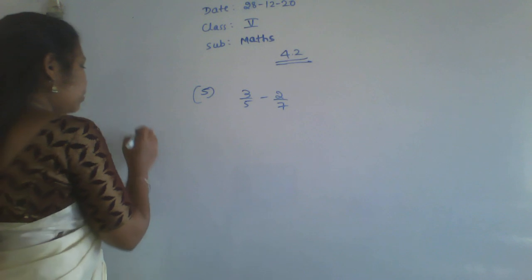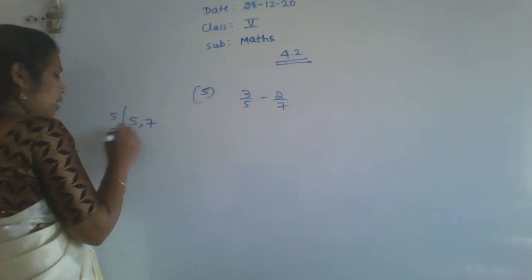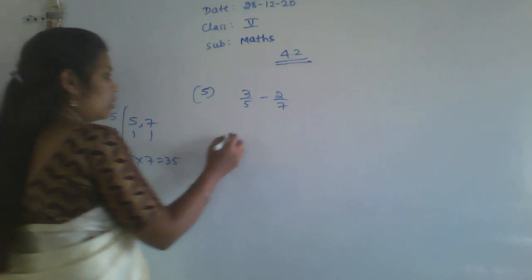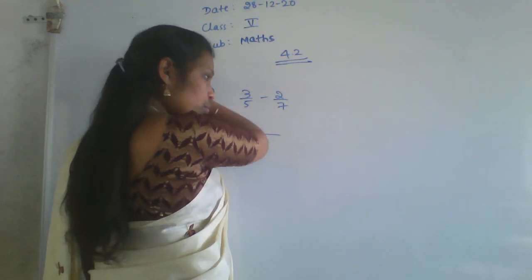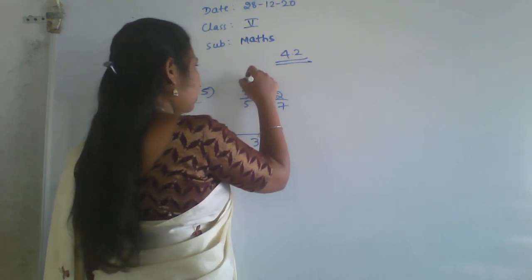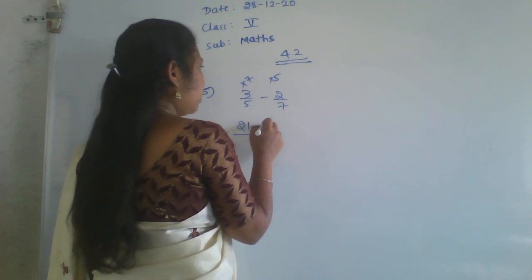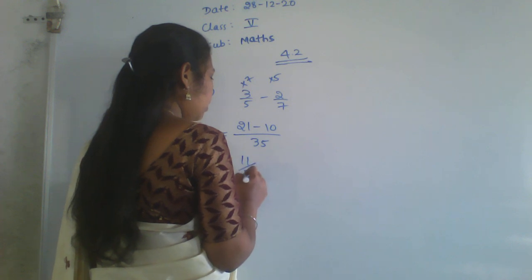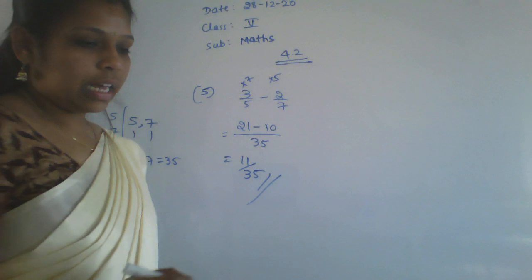What is the LCM of that one? 5 comma 7. 5 ones are, 7 ones are. So 5 into 7 is 35. So LCM is here 35 only. Now here 5 sevens are and 7 fives. So 3 sevens are 21 minus 2 fives are 10. That is 11 by 35 is the answer. Okay. 11 by 35 spoon.